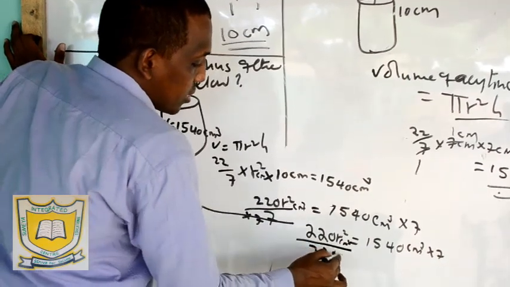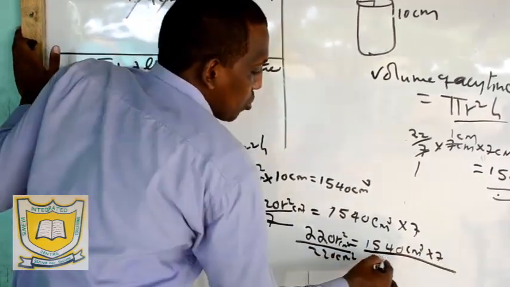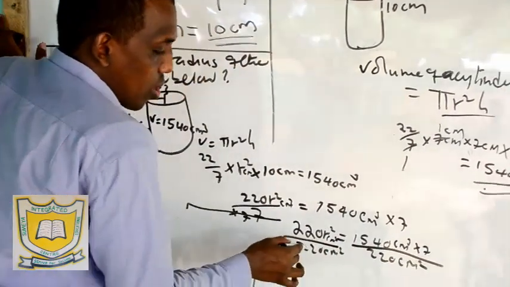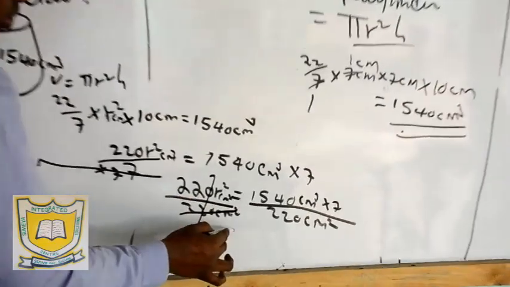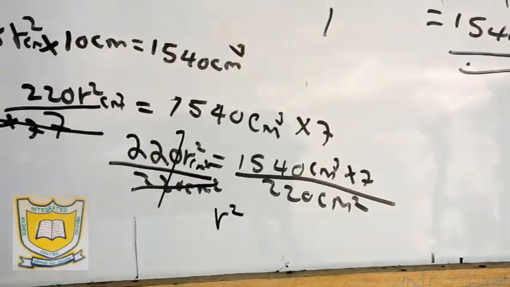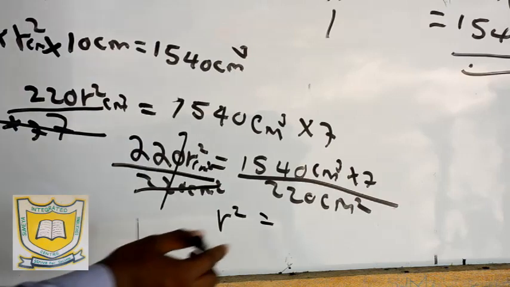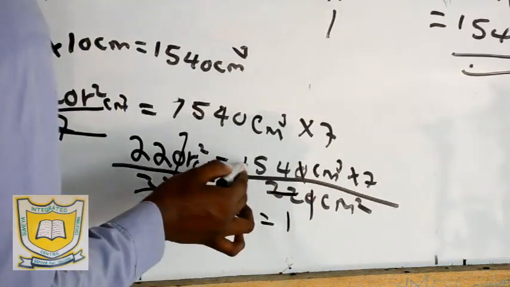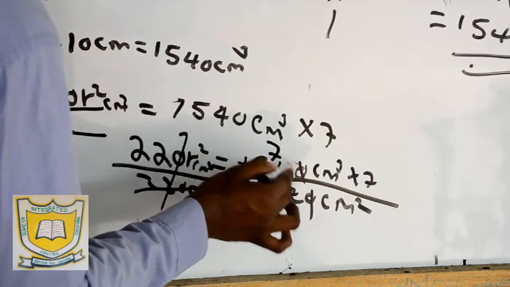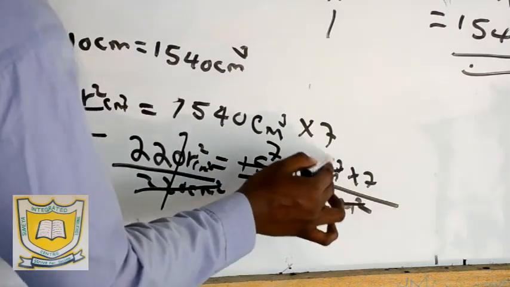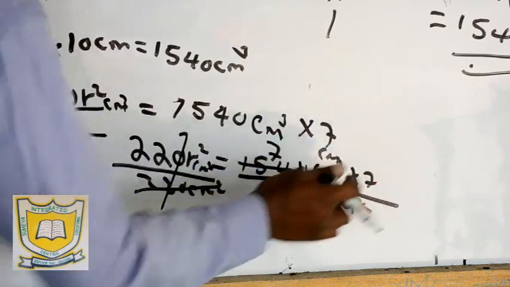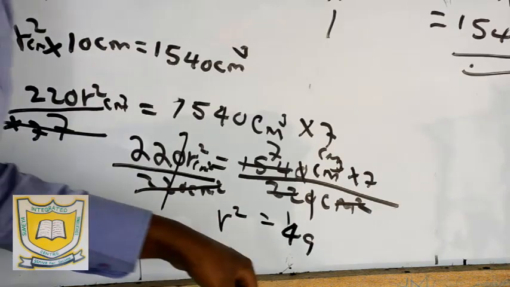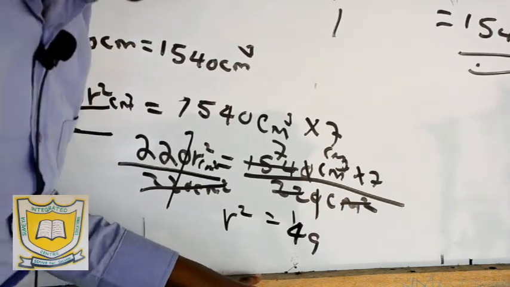Divide by 220 centimeter squared on both sides, they go together. So what is remaining here is R squared is equal to, cancel by 22, 1 by 22 it's 7, so 7 centimeters. 7 times 7 you get 49. So R squared is equal to 49.